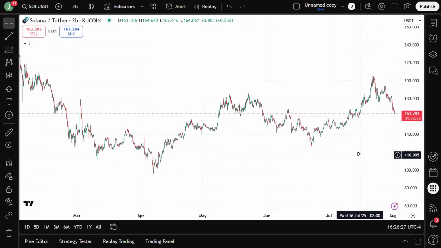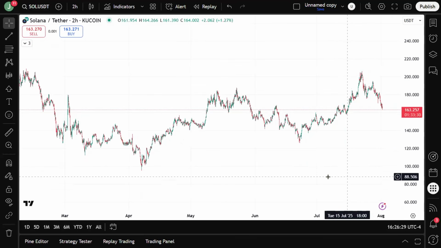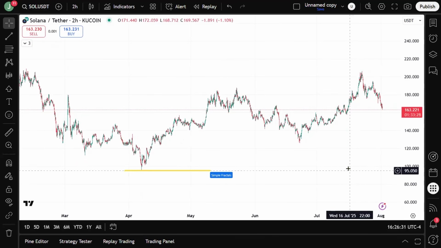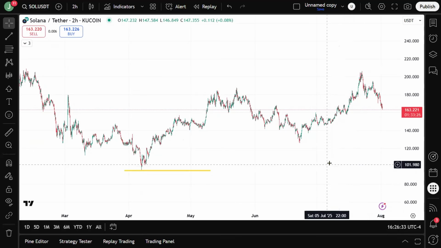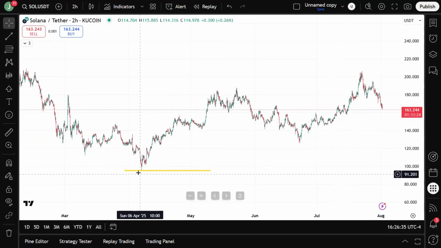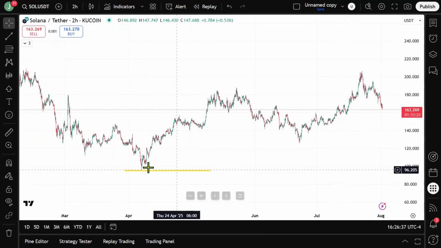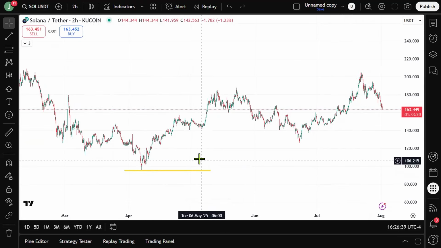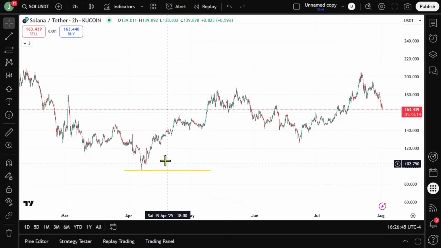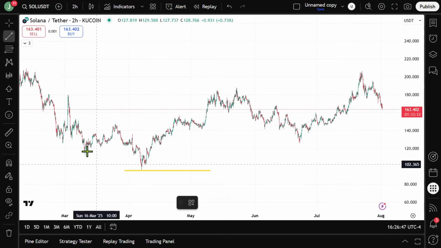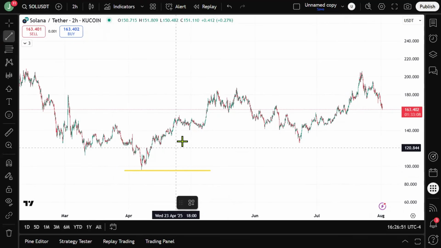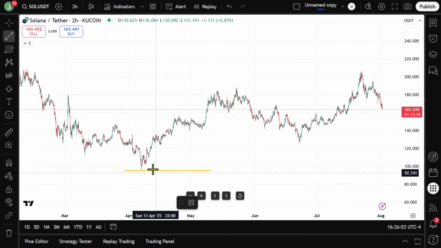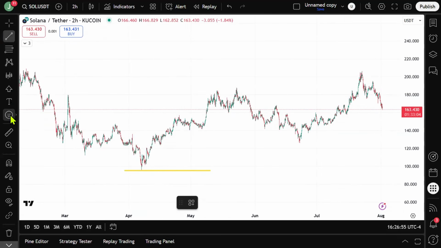Right here, from this low, we start the analysis. So what can we find exactly right here? You start from here.